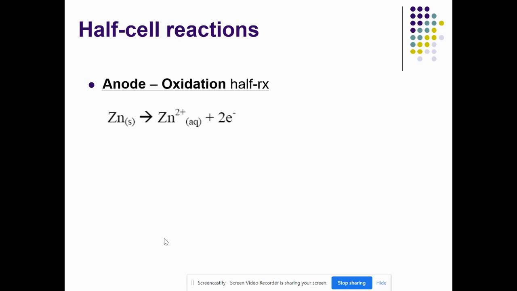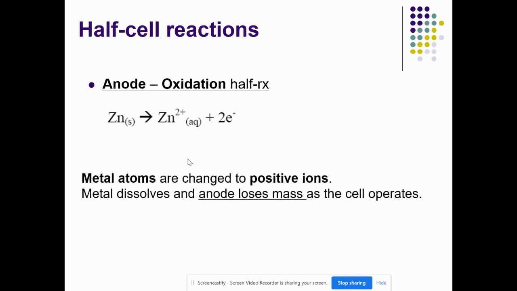You can think of the metal actually degrading or almost like flaking away. And then you'll have the Zn2+ going into the solution, right? So the metal is turning into zinc ions. Metal atoms are changed to positive ions. The metal dissolves and the anode loses mass as the cell operates.